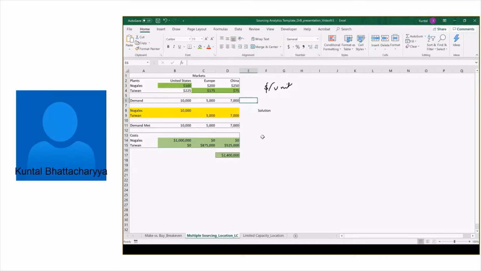What about capacity? Is there a certain constraint on how much Nogales can produce and how much Taiwan can produce? And if that constraint is not there, you are just opening it up for producing as much as you need, and that's not reality. So we are again going to look into the simplest setting. Again, from a modeling perspective, always remember lowest hanging fruit, and we will set it up in such a way that our demand is equal to supply.